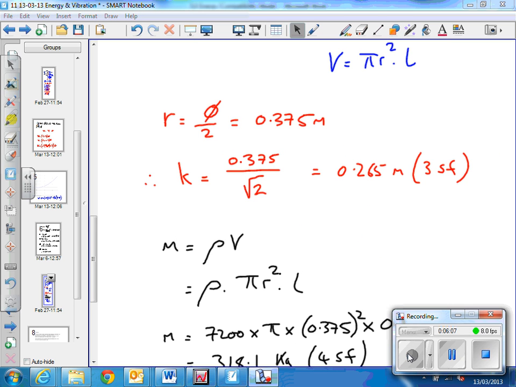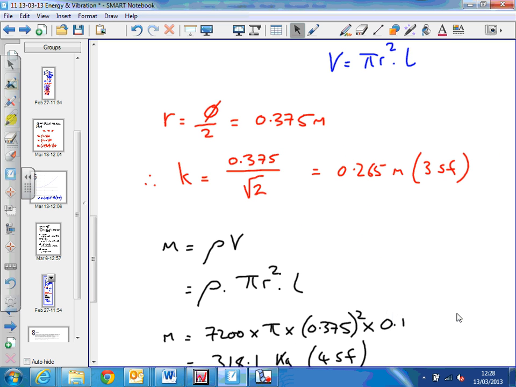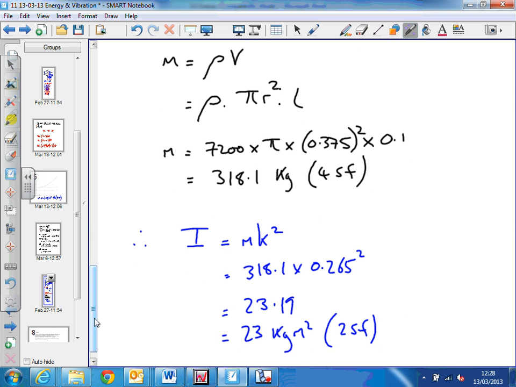So putting the values in, we get the radius is half the diameter, 0.375. So the radius of gyration is going to turn out to be 0.265, to three significant figures. The mass, density times pi r squared L, leaving the accuracy in there as we can. We can do it in one hit.